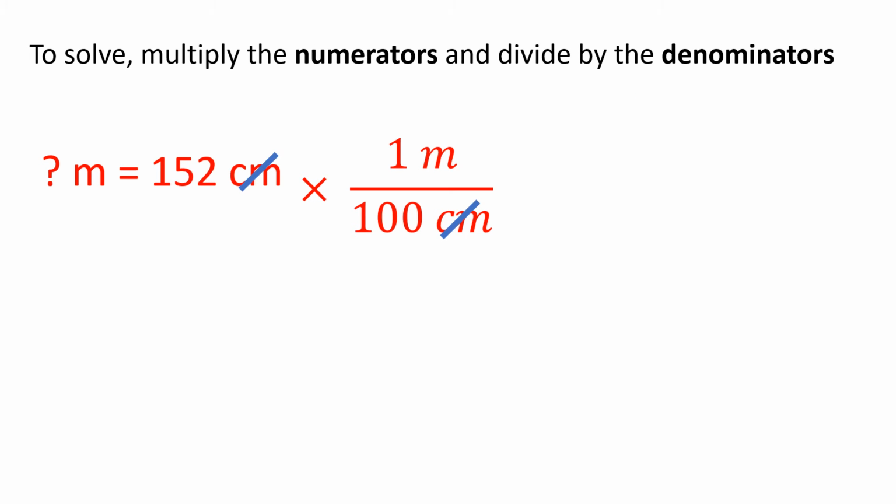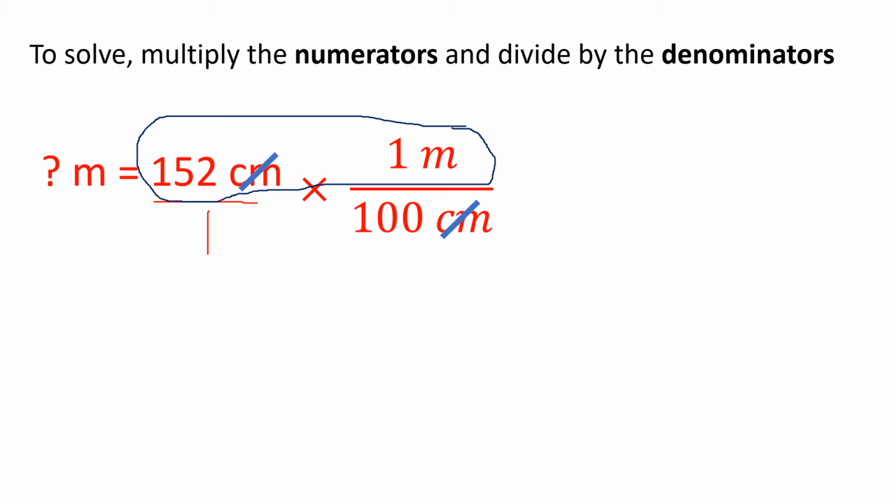So to solve this, there's no more centimeters because that was canceled out. So it's really the number 152 over 1. Remember, anything over 1 is really itself. So we want to do that so we understand what's in the numerator. And let me get a different color here. These two things right here, 152 times 1 meter, those are the numerators, right?